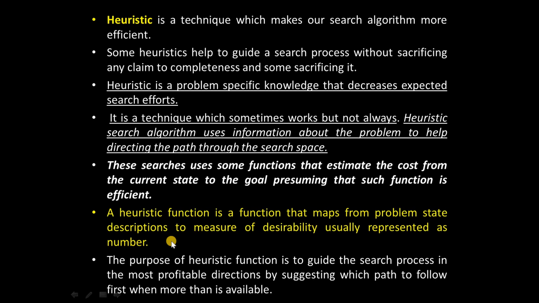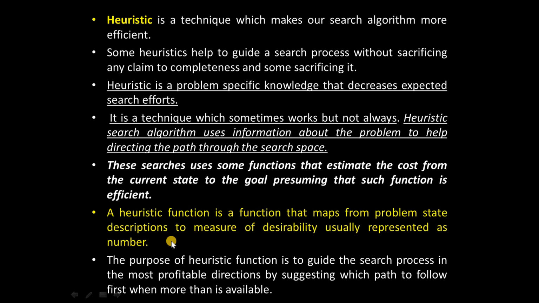That means it gives a hint, maybe a cost or a heuristic function, and that hint will help us to find the goal node easily. We are searching a tree of data, and while searching that tree, background information about the cost or the optimum result will help us to reach the goal fast. So this makes the algorithm more effective, more efficient, more optimal.